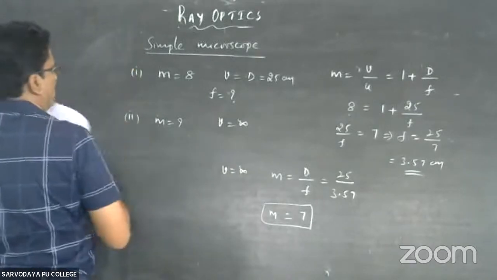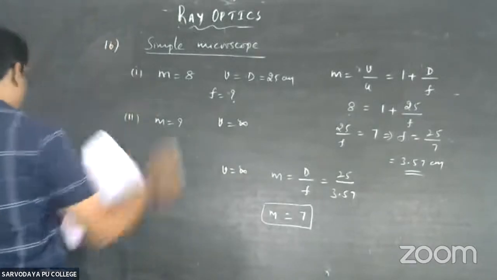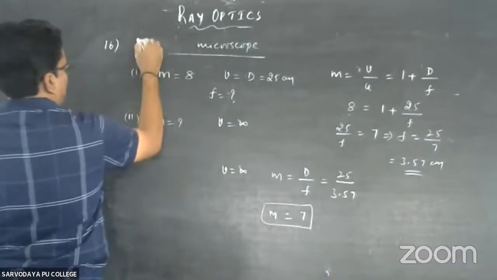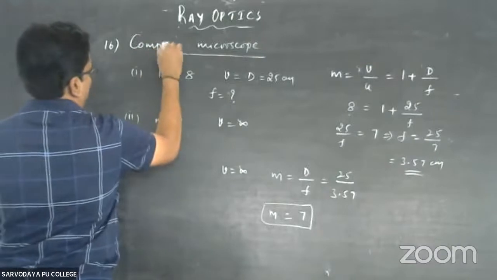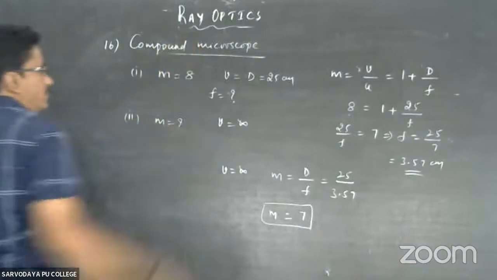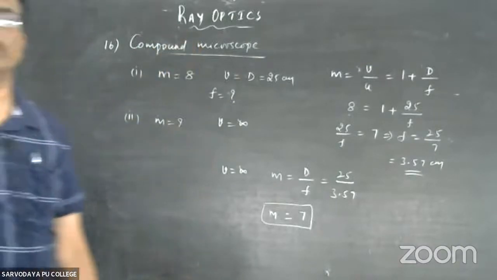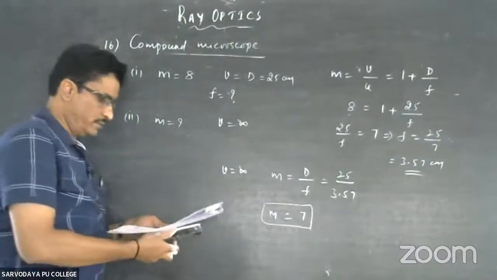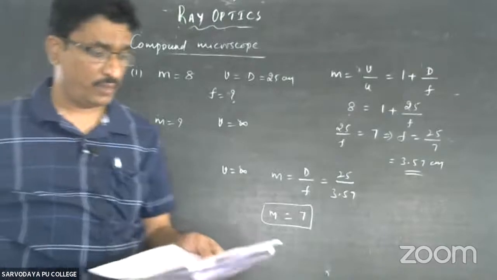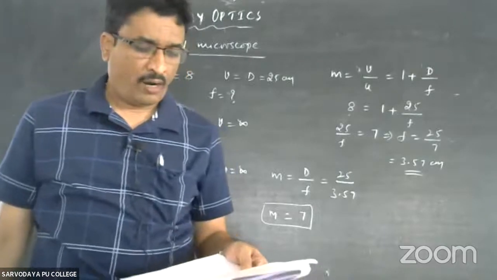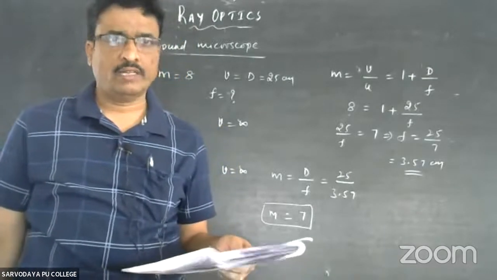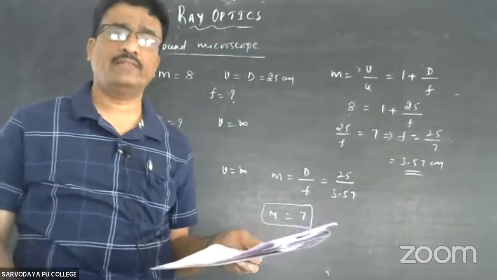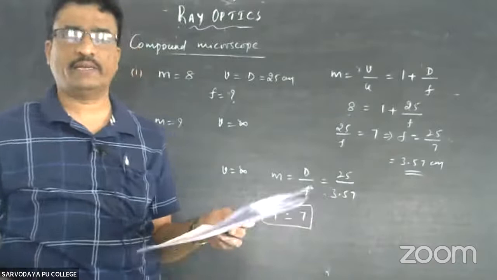Now, the 16th problem, compound microscope. A compound microscope, as you already know, consists of two lenses. One is objective lens, another one is eye lens or eyepiece.